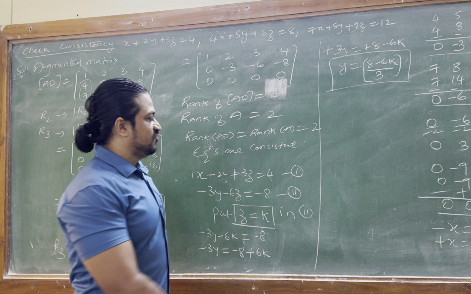Now we will substitute both y and z in 1. In place of x, don't know anything. We have as it is. Plus 2y, plus 2 into this value. Plus 3z equals to how much? 4.